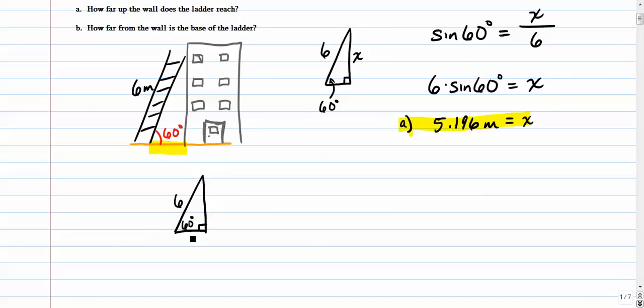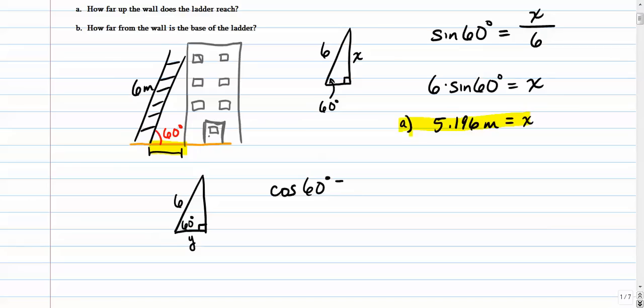There's a chance that we're wrong. So if we're trying to find this distance right here, we don't have to use what we just found for that. If you can avoid it, I want you to avoid using an answer to find a new answer. If the first one's wrong, then both of them will be wrong. That's not good. So we have now an angle, adjacent, and a hypotenuse. Adjacent over hypotenuse is cosine.